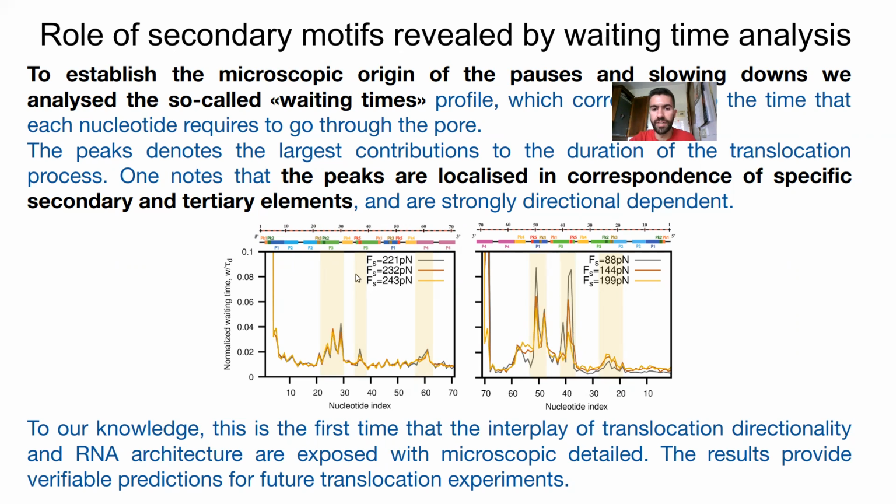These histograms are different from the two ends because the different secondary motifs are encountered in a different order from one end and from the other.